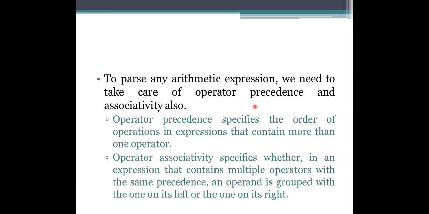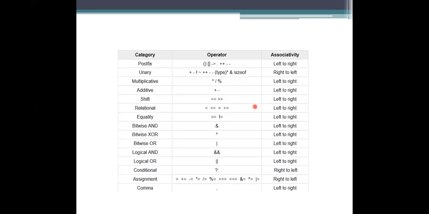For example, if you see here, these are the operators with their precedence orders. Multiplicative and additive operators come under these categories, and the precedence runs from high to low.